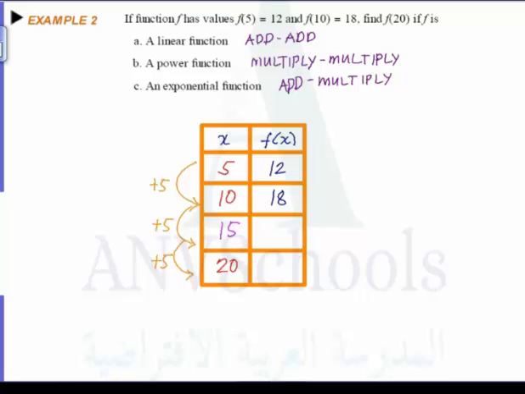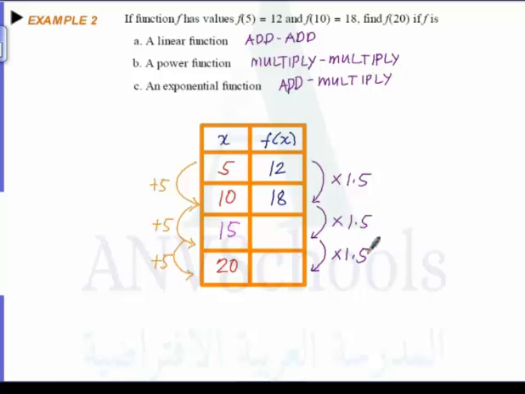And for the f of x values, we should see a multiplication value. So 12 to 18 is multiplied by, again, 1.5. And of course, this one should also be multiplied by 1.5.